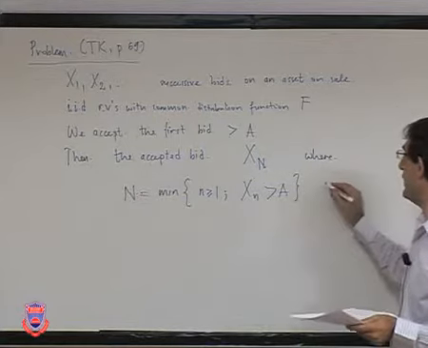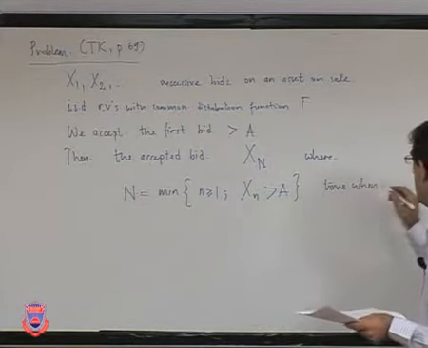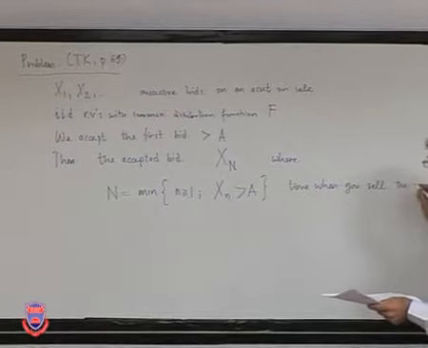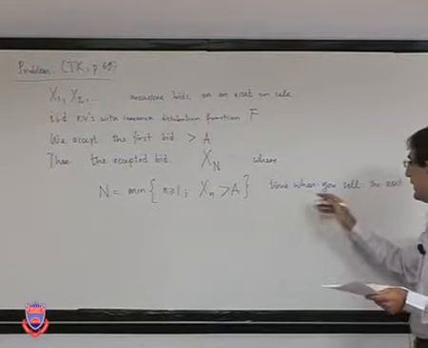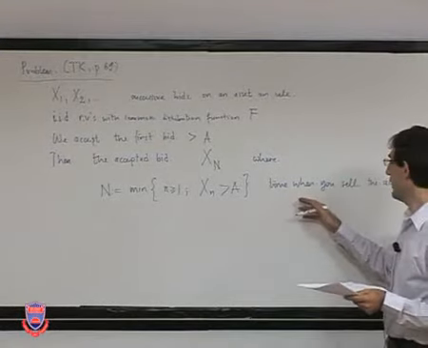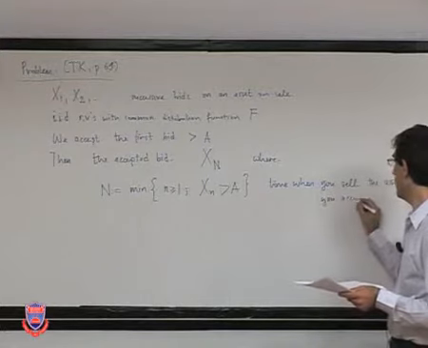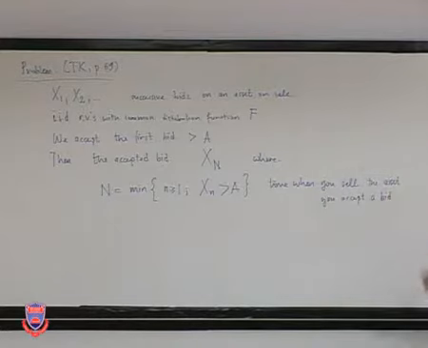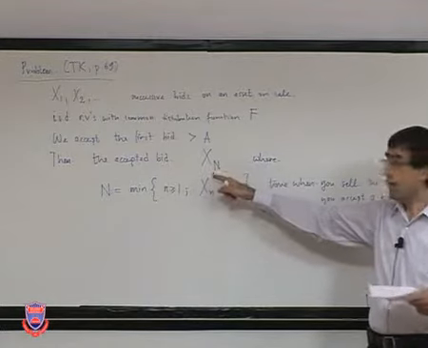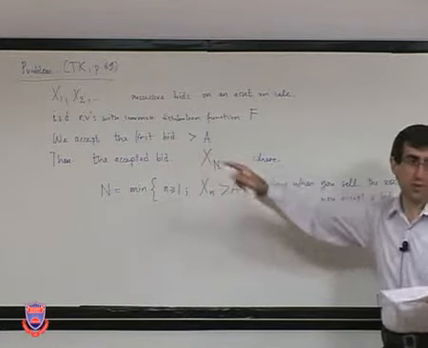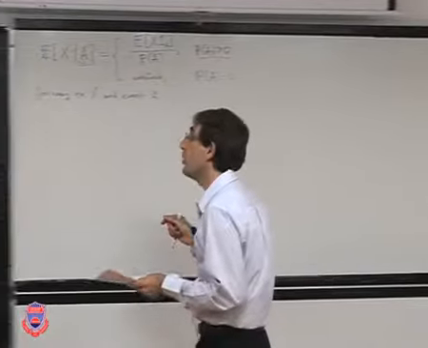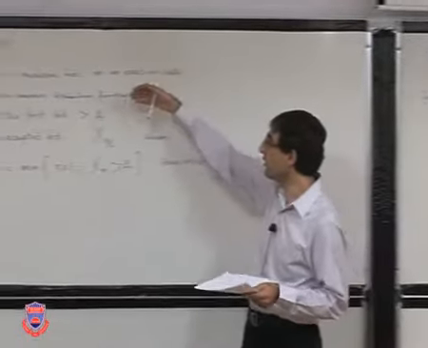So N is basically the time when you sell the asset that you have, or basically it is the same as the time when you accept a bid, the very first bid. The size of the bid is not necessarily A, because anybody on the phone will not actually know how large a quantity you are looking for.